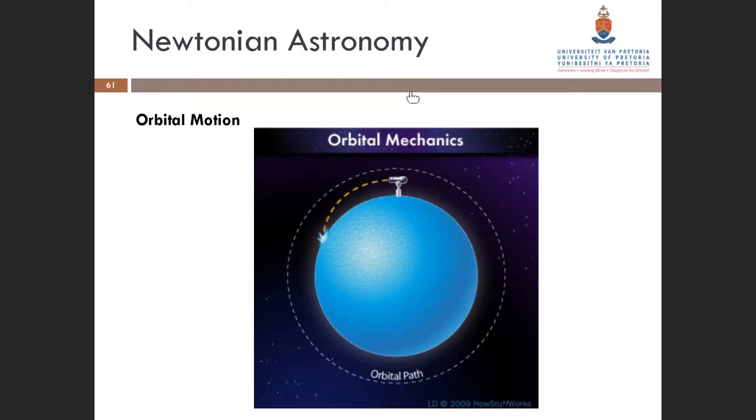What do you notice about the speed of the second stage every time? They try to get the speed up to 27,000 kilometers per hour. 27,000 kilometers per hour is the escape velocity of Earth. If you're traveling faster than that, you can escape Earth's gravitational pull.